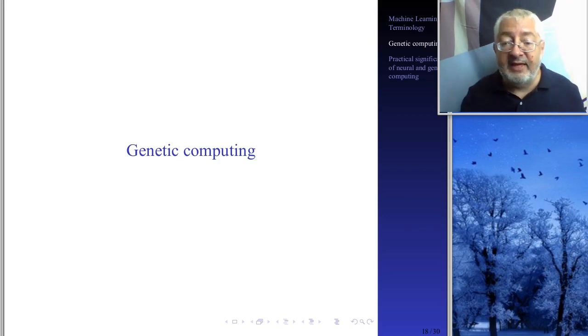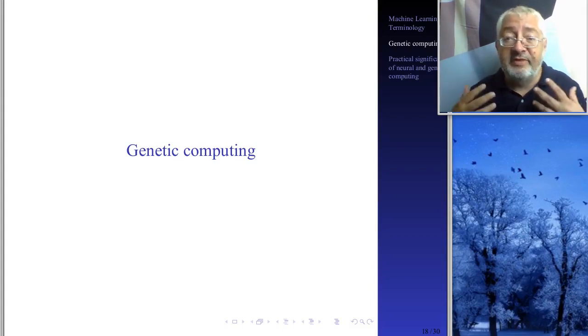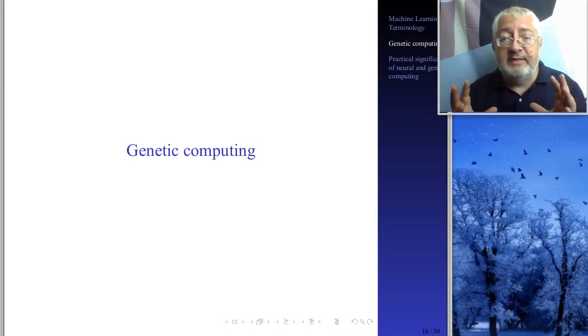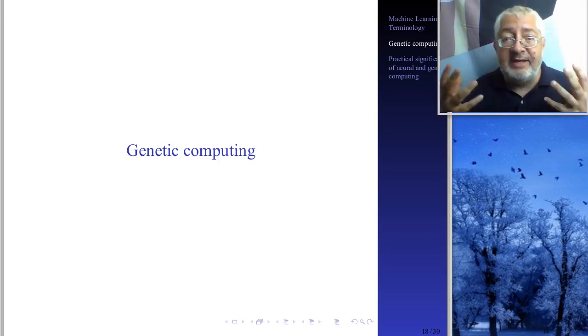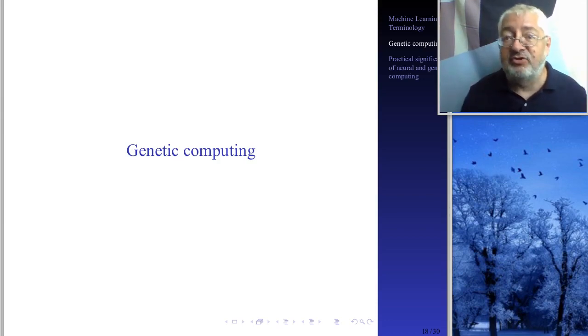And now we come to a third kind of AI system, which is genetic computing. Okay, so with genetic computing, what we want to do is not, like in deep learning, to model the way neural networks work in the brain, but we want to model the way populations of organisms evolve in the process of natural evolution.